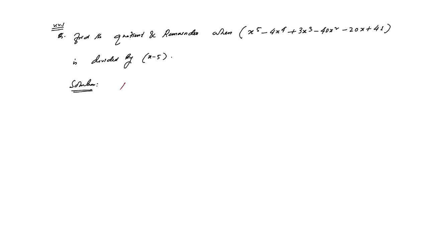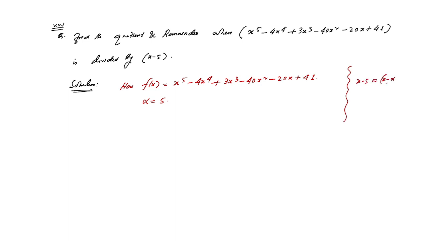So what is here fx? Here fx is x to the power 5 minus 4x to the power 4 plus 3x cube minus 40x square minus 20x plus 41. And alpha is basically 5, just to compare x minus 5 with x minus alpha.